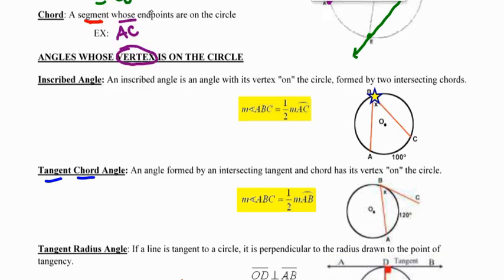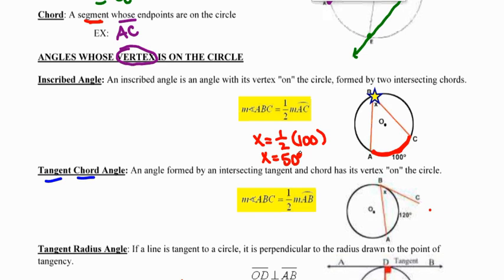So in this picture, the measure of angle ABC is going to be half of its intercepted arc. The intercepted arc is arc AC, which has degree measure of 100. So X is going to be equal to half of 100, or in other words, 50. That's review.